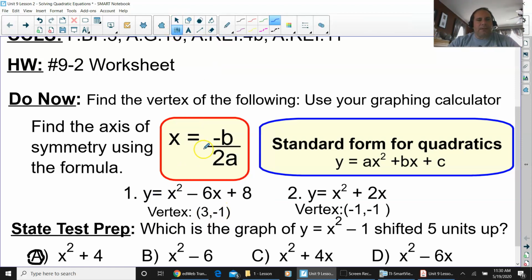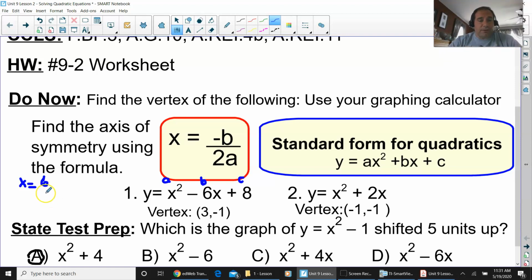But I did want to go over one with you, when you have to use that formula, if you ever do. This -b, if this b is already negative, this b is -6, this a is 1, and this is c, right? So we have -b, which is negative 6 with a negative on the outside. And 2 negatives make a positive.